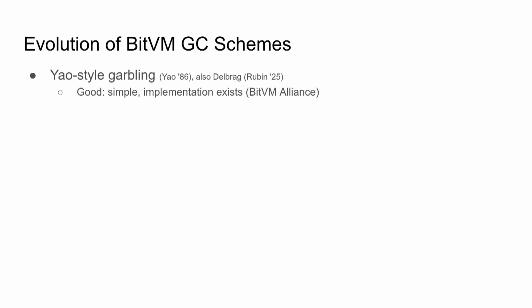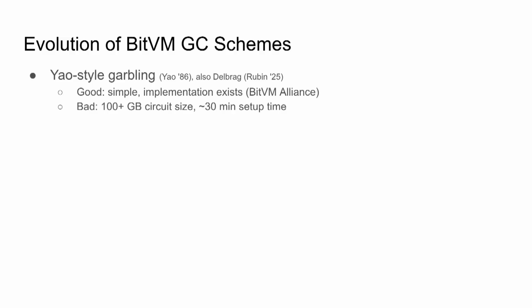The good thing about it is it's very simple, and we have an implementation already, which is open source. However, the bad thing is the circuit can be like 100 gigabytes, and the setup time is 30 minutes. And you need such a circuit for every operator, for every deposit. So this is very inefficient, and it easily goes into the terabytes in practice.